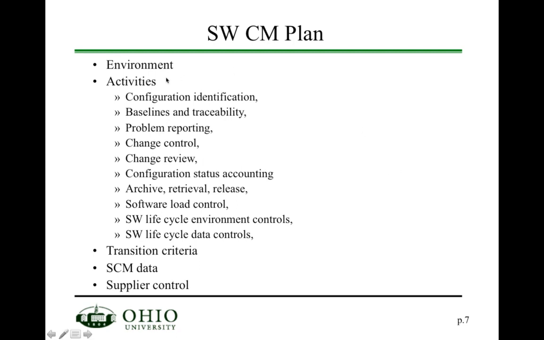So if you look at the activities, it really means identifying the configuration items, setting a set of baselines, performing problem reporting, change control, change review, and I'll talk about all these things in a little bit. Perform configuration status accounting, archive, retrieve, and release. Control the software loads, and environmental controls and data controls. So we'll talk about most of these items throughout the remainder of this module.